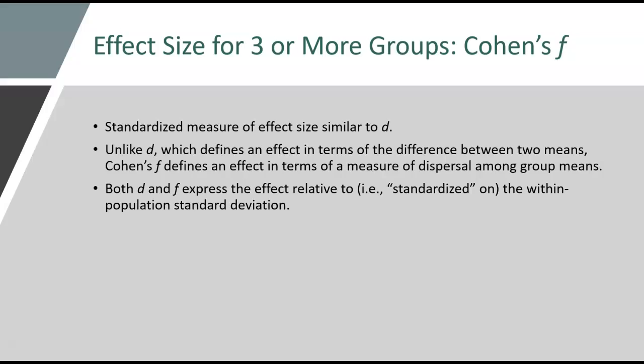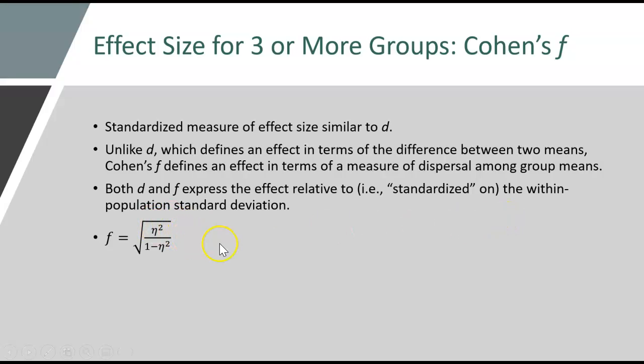So both Cohen's d and Cohen's f give you the effect in a standardized form, and in addition to your significance testing result, it gives you an additional way of describing the magnitude of the effect. Now, f is calculated using eta squared.